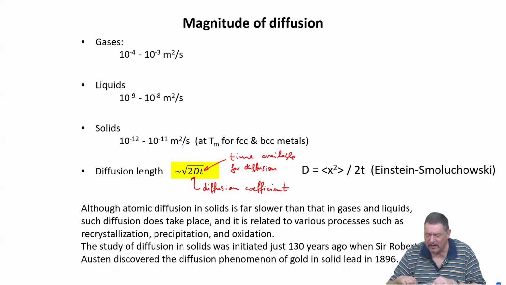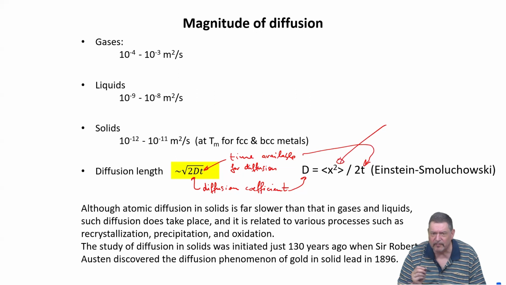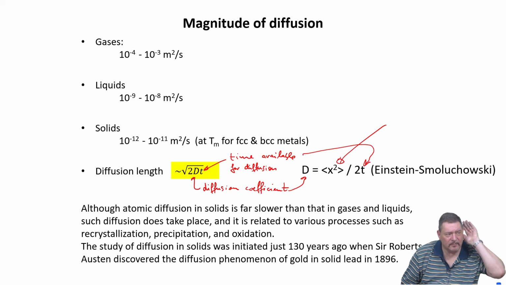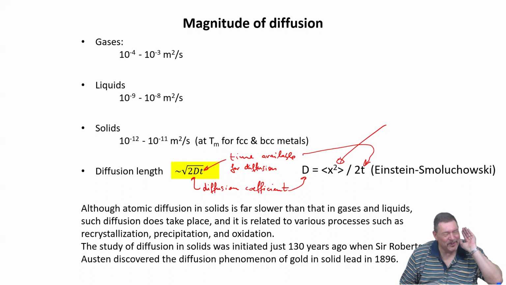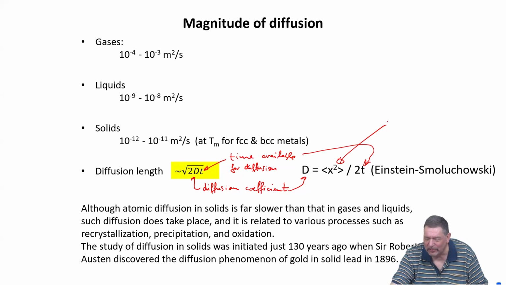And in this equation, this is again the diffusion coefficient. This is again the time for diffusion. And this, do you know what it is? Did you know the term mean square displacement?